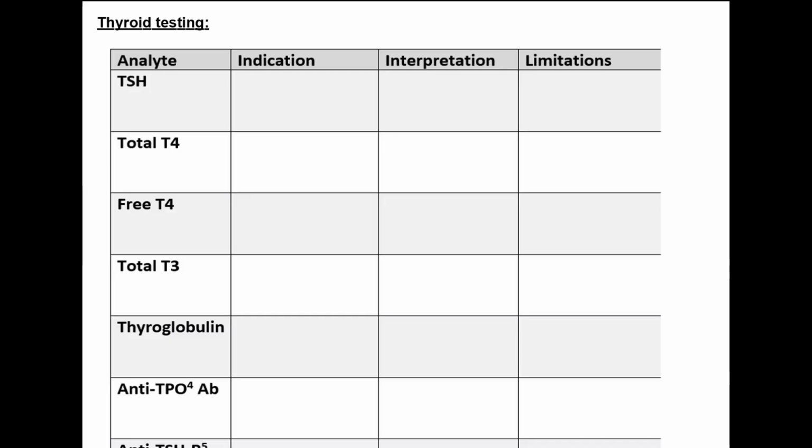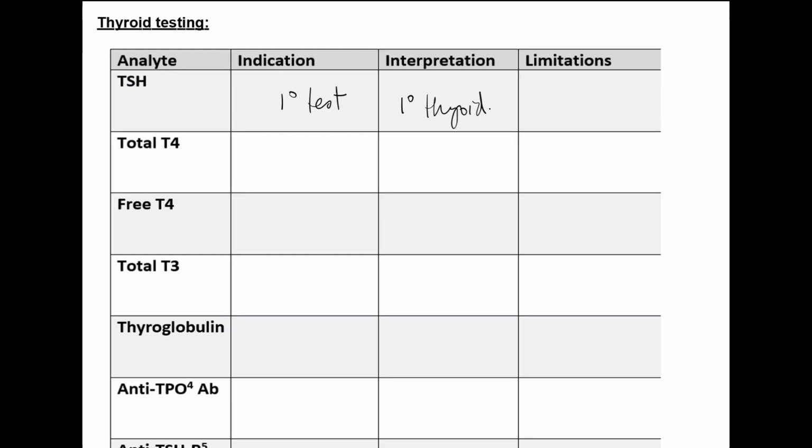Thyroid testing has a number of analytes that have different indications and interpretations. So when we say TSH, single TSH, that's a really good primary test and probably the commonest thing you're going to see in outpatient practice. If it is elevated or decreased, this is really good for primary thyroid disease, meaning the disease is in the thyroid gland where most is found.